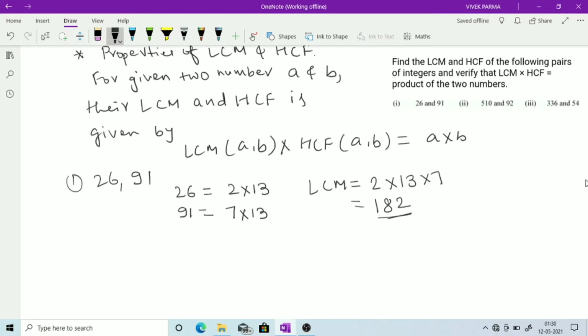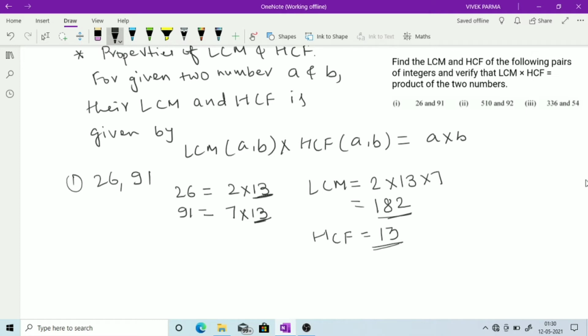And HCF will be, what is HCF? This is the product of the smallest power of each common prime factor. So what is common here? In this 26, 13 is common in 91 as well. So 13 is the HCF.